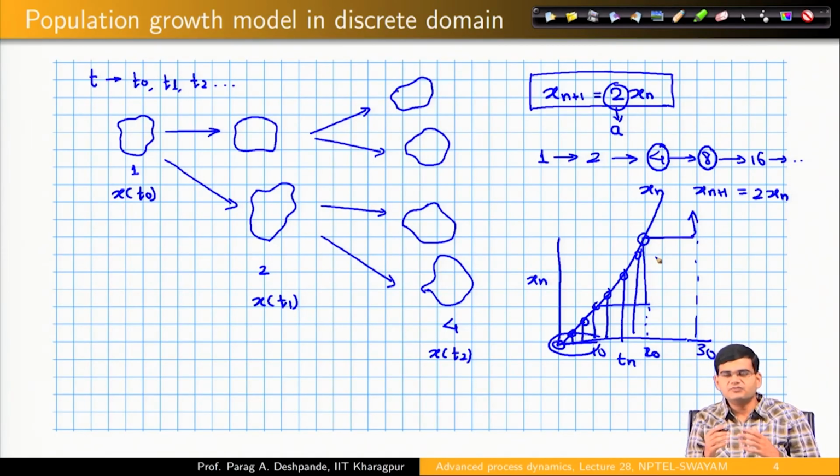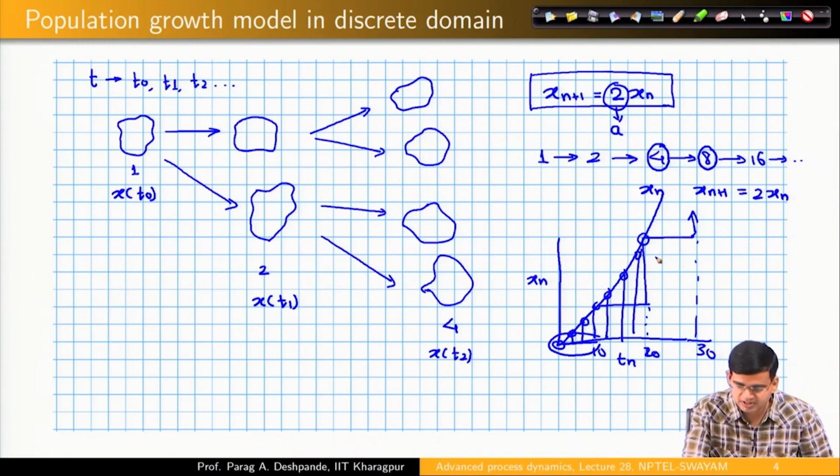Why do they work? They work because n is generally a large number and therefore, delta t is small, and since delta t is small, in the limit delta t tends to 0, the continuous observation and discrete observation would merge.